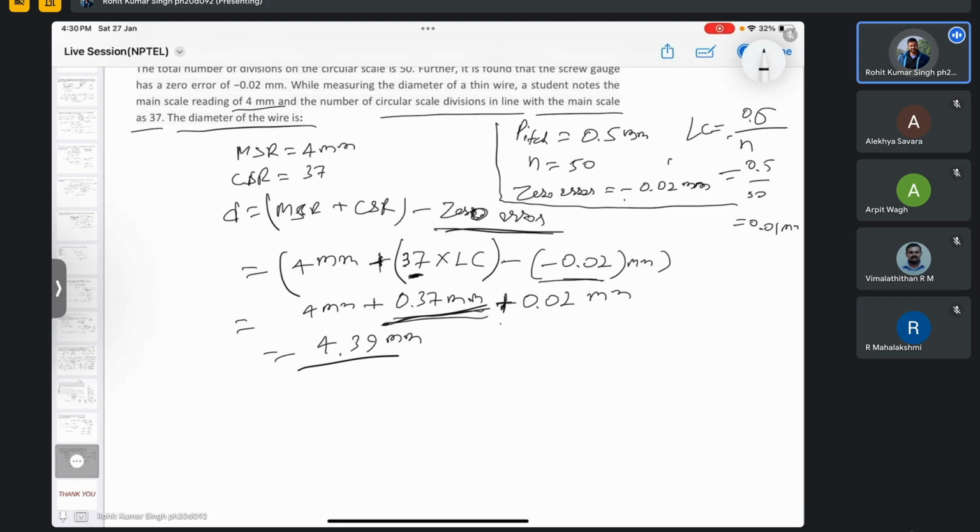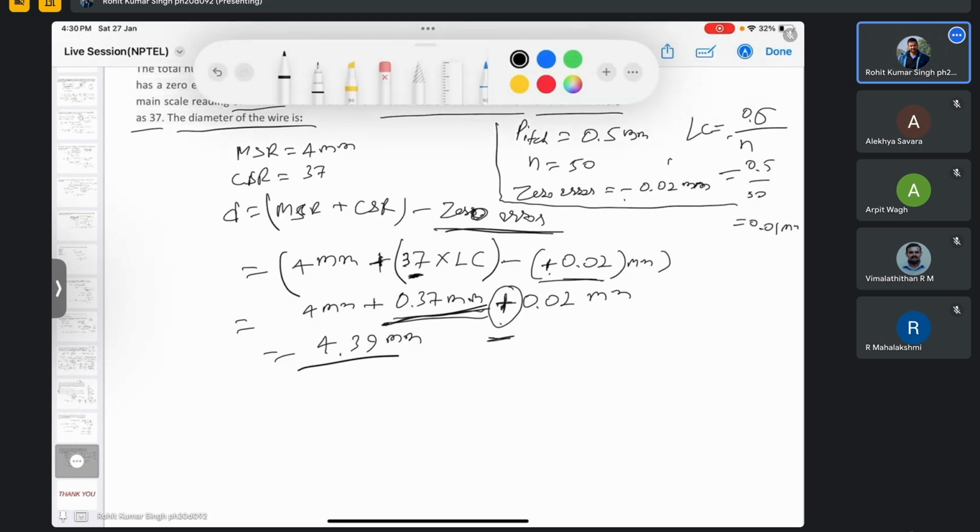That's why we finally get an addition, because when we subtract a negative, we get positive. If it had been a positive error, that means our measured value is overestimated, then you will get a negative sign, so the overestimation gets cancelled. You understood?